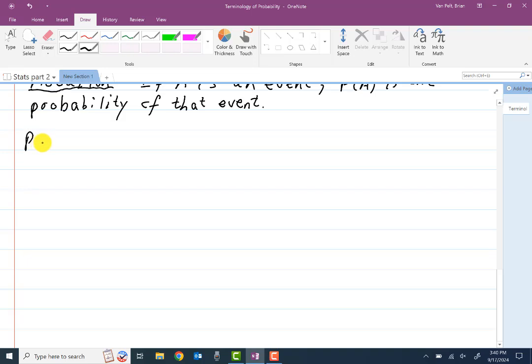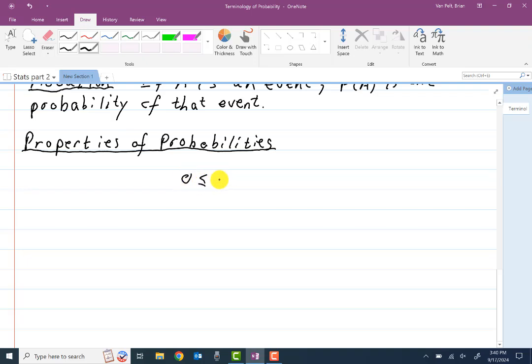Properties of probabilities. These are general properties that probabilities have. We have probability will be between 0 and 1. That means the lowest possible probability is 0. So if I have P of A equals 0, that means that A cannot possibly occur.